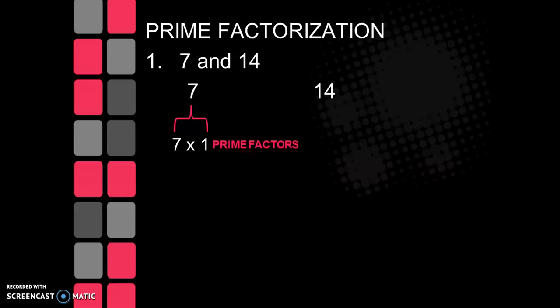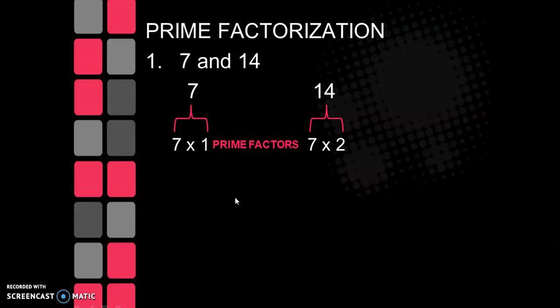As you can see, 7 already has its prime factors. We have no other factors because it is prime, as I said a while ago. Now let's have 14. 14 is a composite number, so we can get the factors 7 and 2, because 7 times 2 is 14.